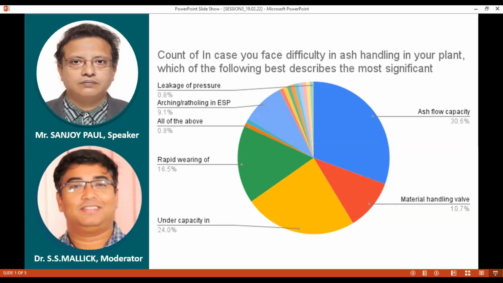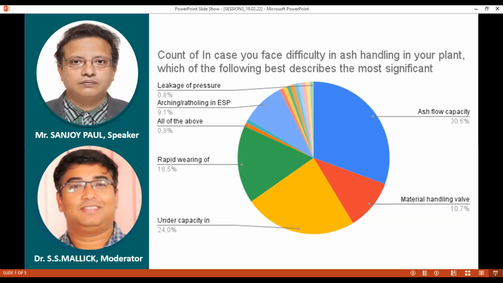And generally, when you provide any valve, they have a certain material of the plate, an SS plate, of certain thickness and certain hardness. This hardness is to be ensured properly throughout the valve plate.